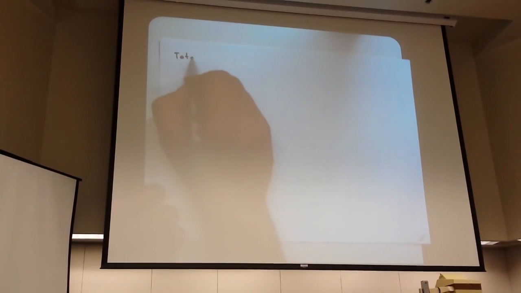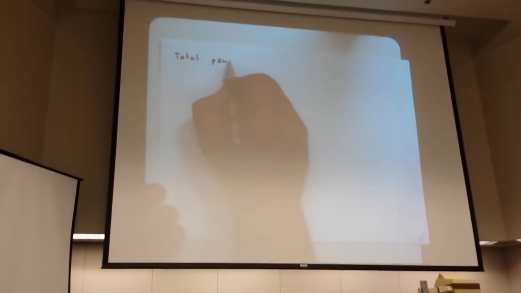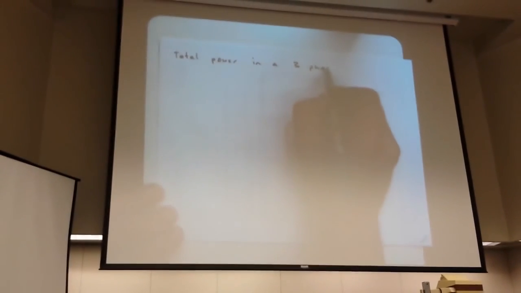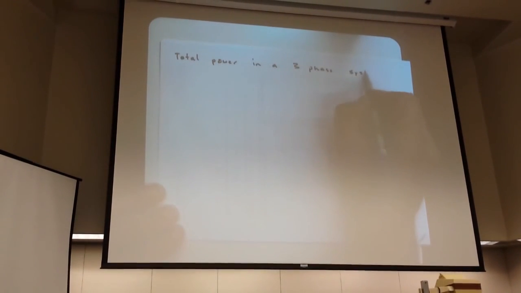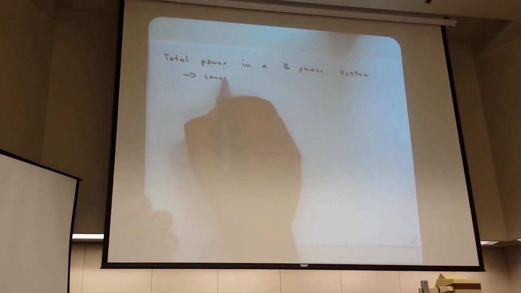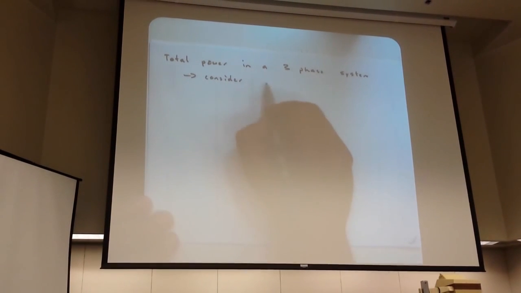One parting thought as we look at three-phase power. Total power. We need three-phase total. And for simplicity's sake, let's consider resistive loads.